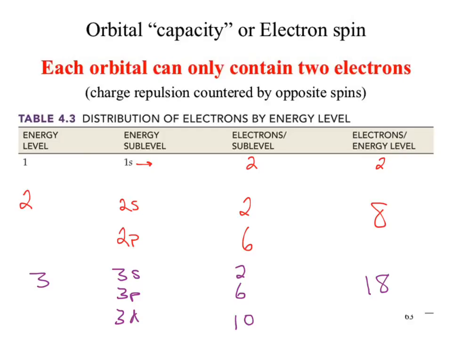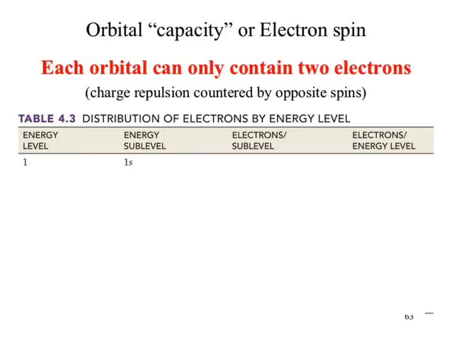If we looked at the electron configuration for hydrogen, what did we have? It was 1s1. What is the electron configuration for lithium? 1s2, 2s1. What is the electron configuration for sodium?